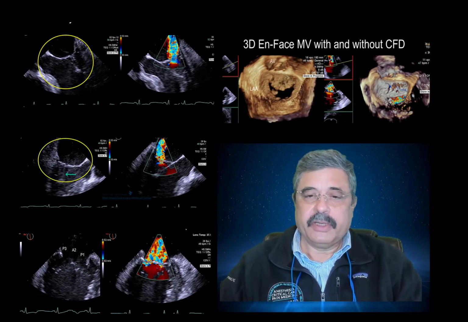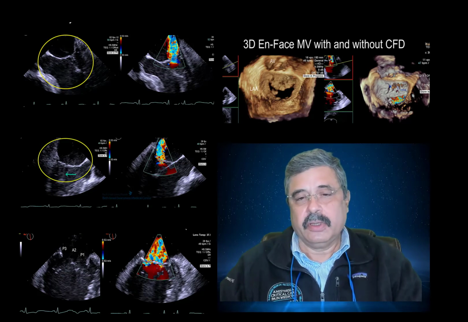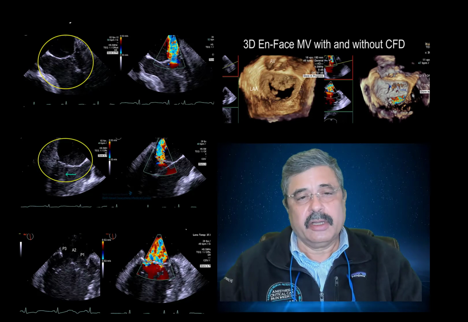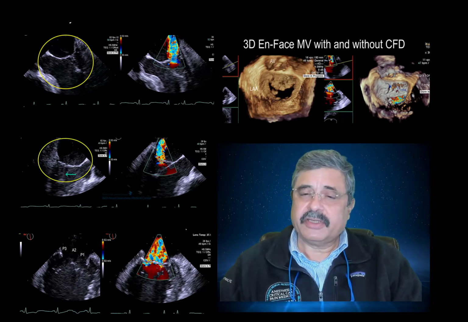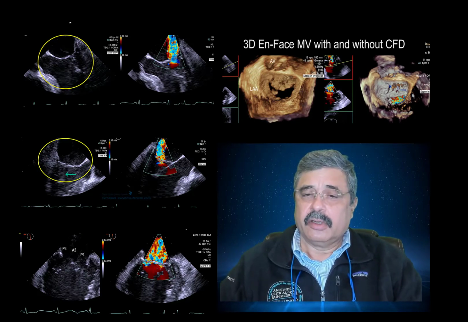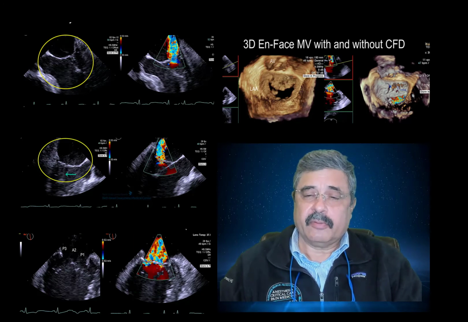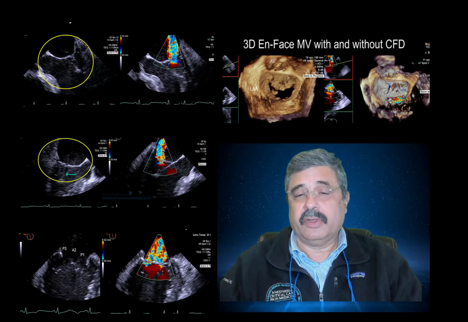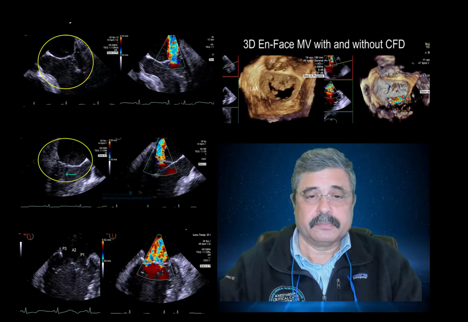We know there's a coaptation defect at A2P2, and one clip needs to be deployed at the A2P2 location. But it is uncertain from the information that we have so far, if we have to deploy another clip, should it be on the lateral or the medial side of A2P2. So that's the dilemma that we are facing right now, which we cannot resolve with three-dimensional imaging.